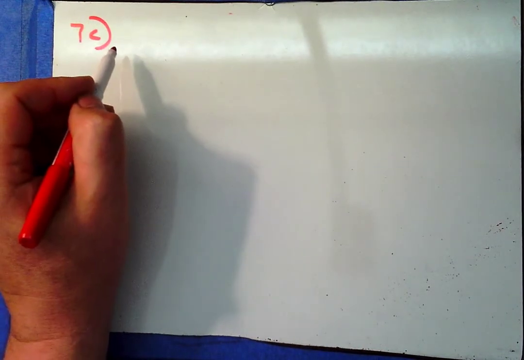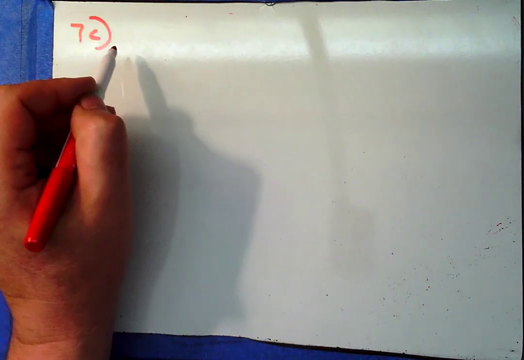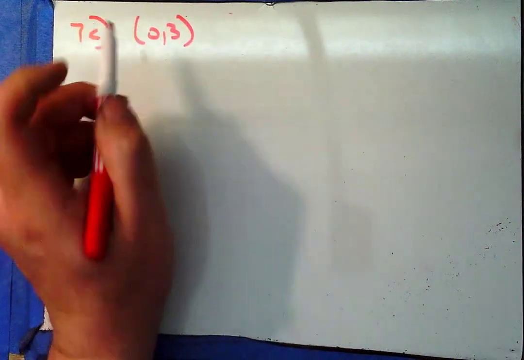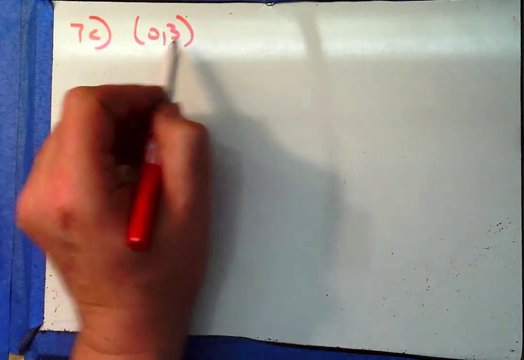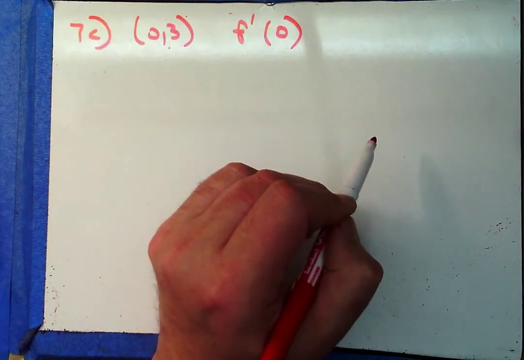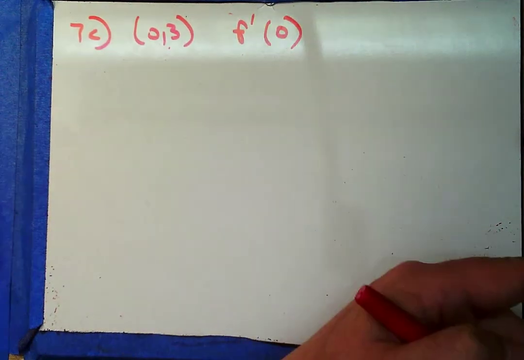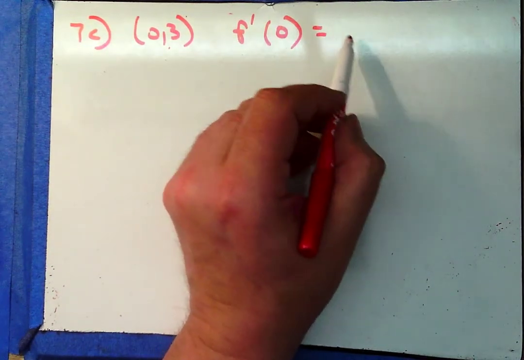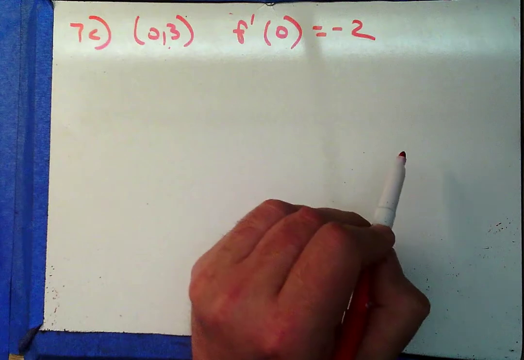7c. Find the equation of the line tangent to the graph of f at (0, 3). Okay, so what do we need in order to write the equation of a tangent line? We need a point and a slope. I need f prime of 0. Hey, this is a graph of f prime, and the y value on this graph at 0 is negative 2.